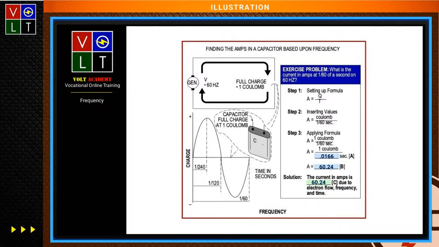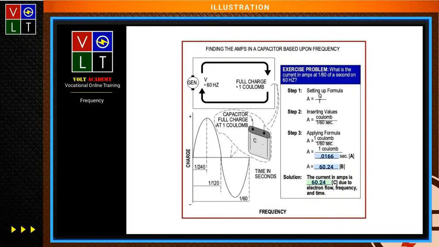Now, looking at the illustration itself, you'll see that we have values set up here. When you're setting up the formula, you're going to see A equals Q over your frequency, and Q is going to be the column. At full charge, we show one column, and our frequency is at 60 hertz.